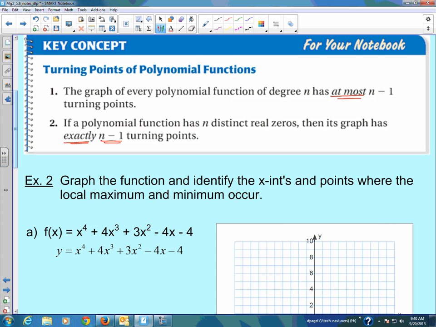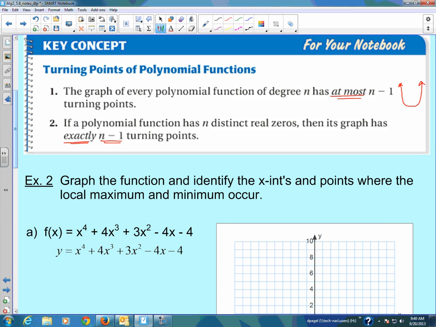So the difference is, condition 1, maybe you have a repeating zero. Condition 2, I have no repeating zeros. So condition 1 could be a 4th degree function that only has 1 turning point. And that's a graph that kind of looks parabola-ish. It would kind of look like this and flatten out and go up. That could be a 4th degree function, but only has 1 turning point.